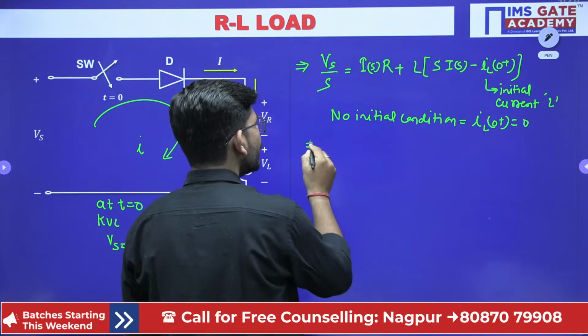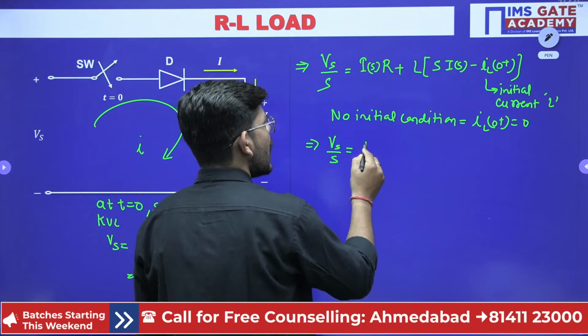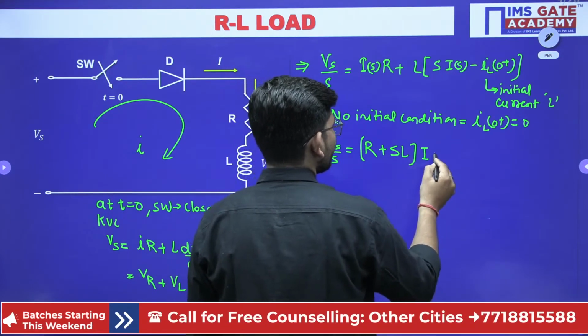So I get Vs over S equals R plus SL into Is.